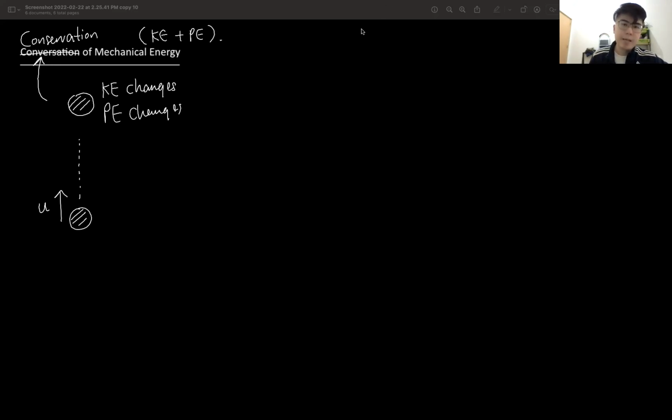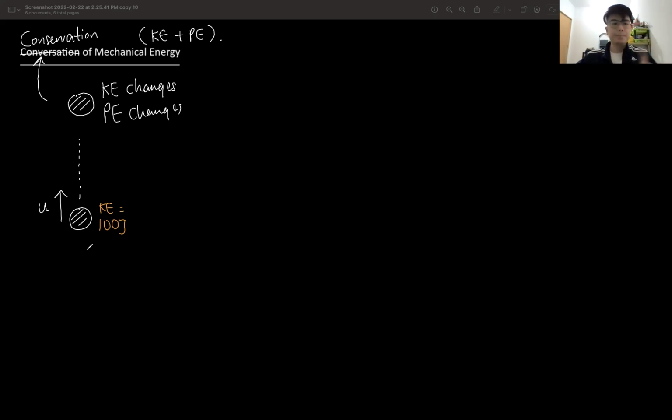All right, let's say I first tossed it, I give it a certain velocity, so the kinetic energy is 100 joule at the bottom. Okay, what is the potential energy? Now, I want to make something very clear first.